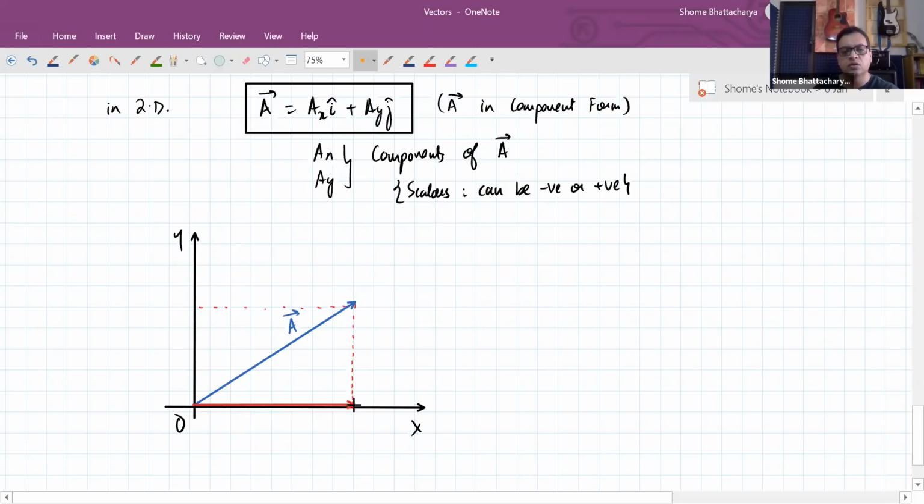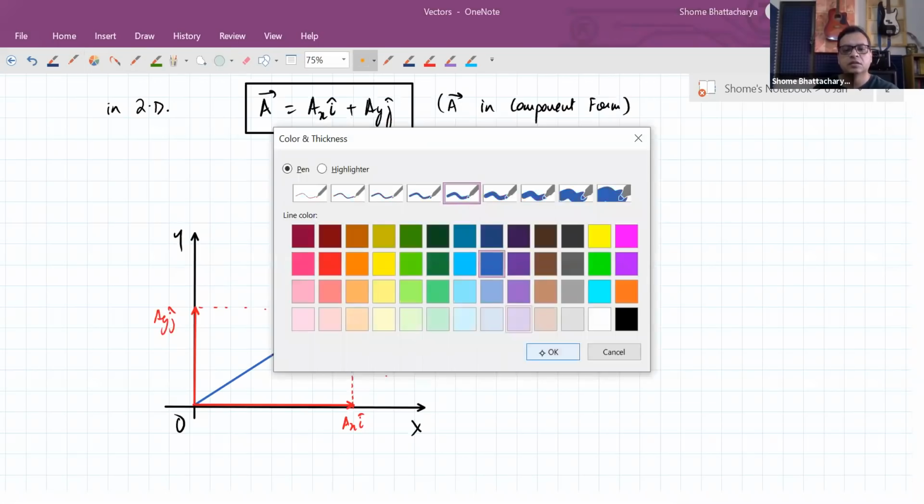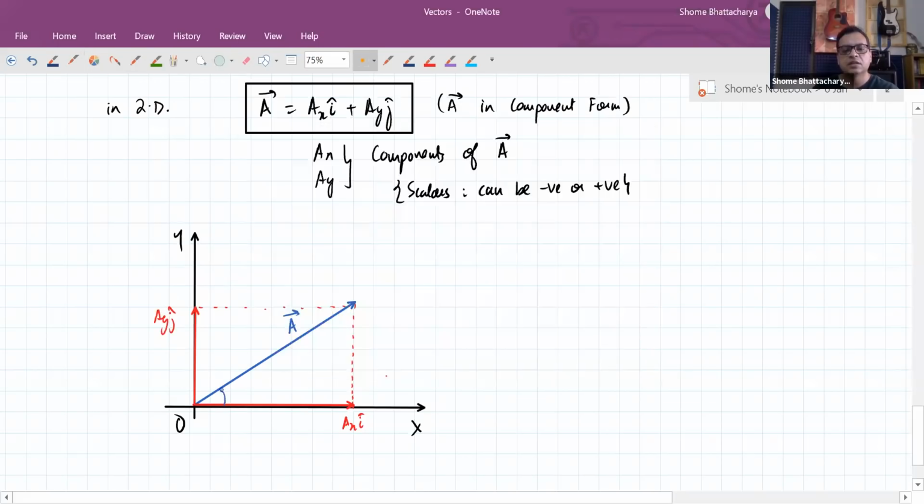This projection or component along the x-axis, this is what we denote as ax, and this projection that we show along the y-axis becomes our y component. And coming back to the original vector, if this angle is theta with the x-axis, you can see the relationship between the components and the original vector.